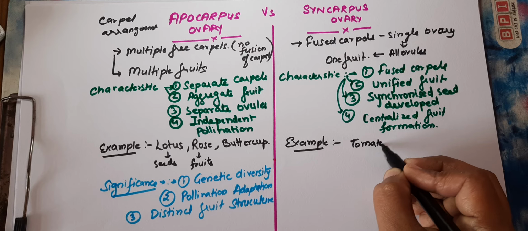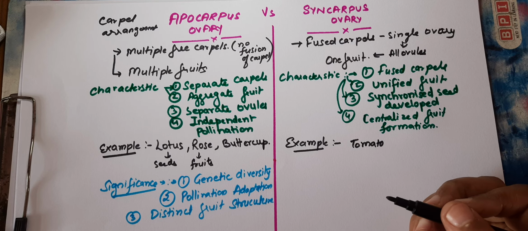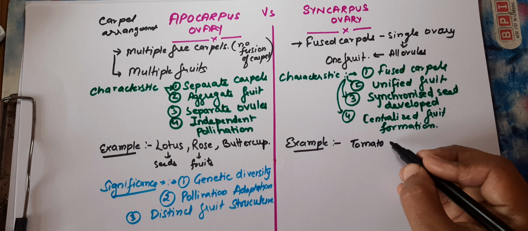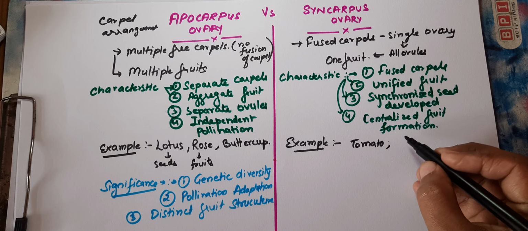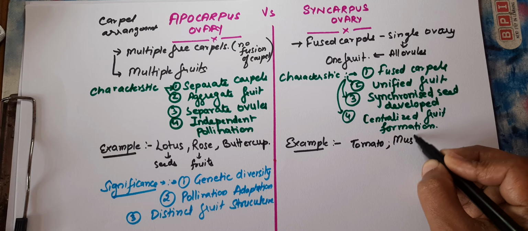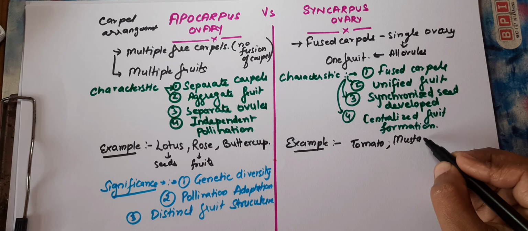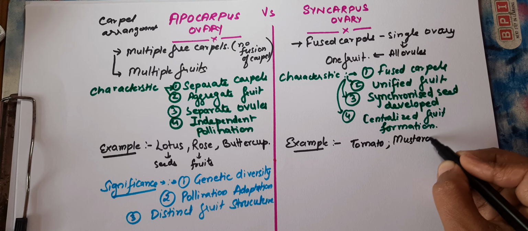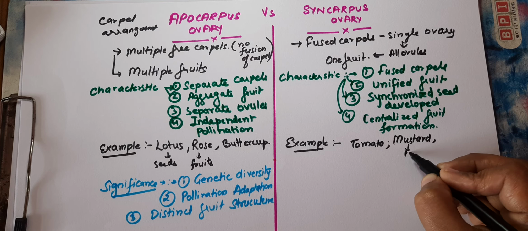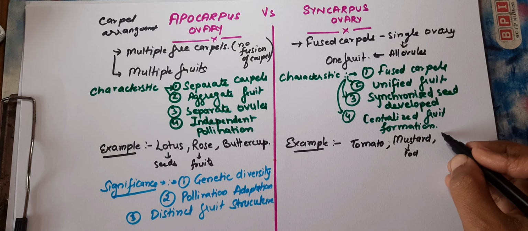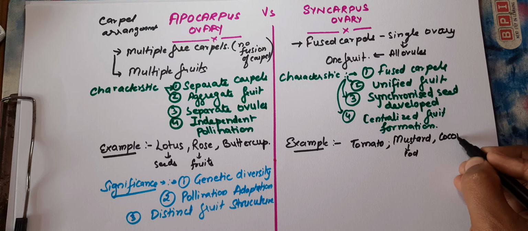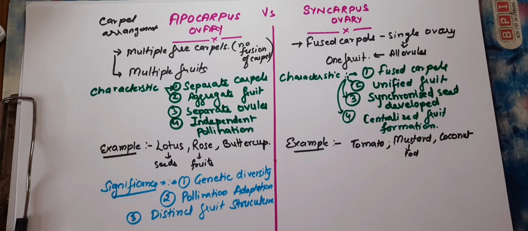Tomato will form a single fleshy fruit with multiple seeds. You can see there are so many seeds inside a single tomato fruit. Then the mustard, where a single pod will contain the seeds. And the coconut, which will develop a single large fruit within a hard shell.